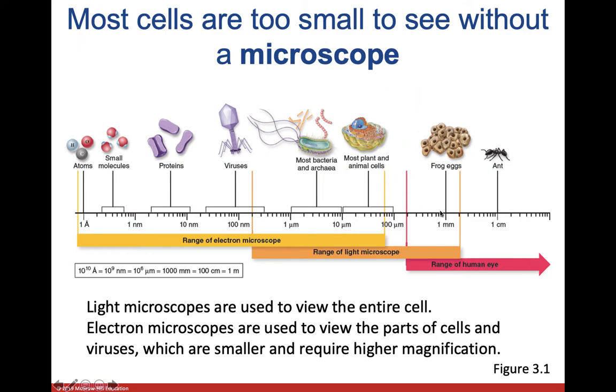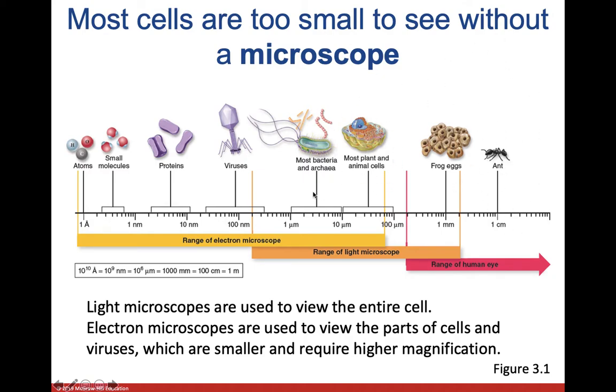Right about the edge of frog eggs, some of the large animal cells, you will start to be able to perceive with the human eye. So the vast majority of living organisms are single-celled microscopic organisms, and we just can't see them. Anything larger than that, frog eggs and ants and larger organisms that we can see with our naked eyes, are made up of more than one cell.